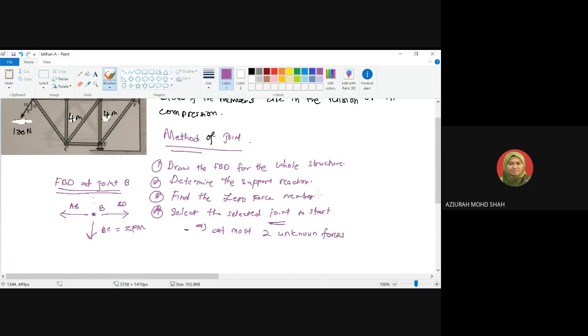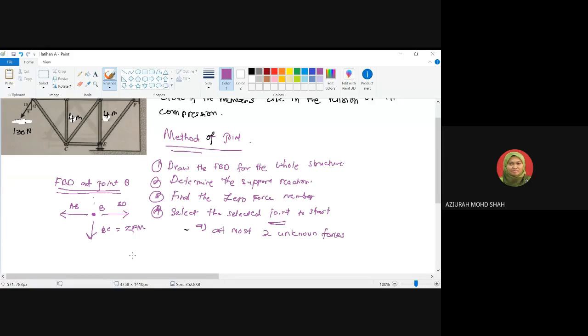2 unknown forces. Kenapa mesti paling banyak 2 unknown force? Untuk method of joint, kita tak akan pakai equation moment. Kita cuma pakai Fx and Fy. You don't have to use moment, sebab kita akan tengok basic saja. Because we are talking about a point.